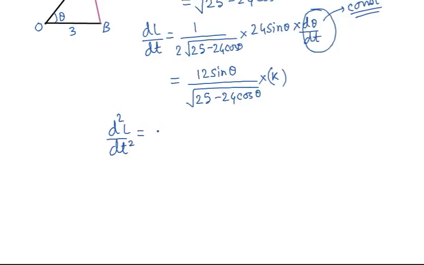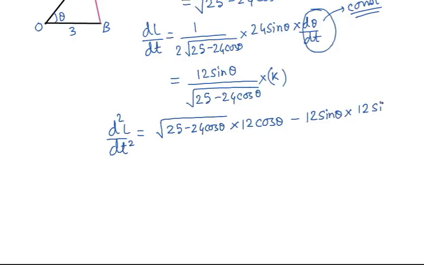So if you go for the double derivative using the u by v principle, if we do the calculations, we get root 25 minus 24 cos theta into 12 cos theta minus 12 sin theta into the derivative of the denominator, which, as we have seen in the last case, is 12 sin theta by root over 25 minus 24 cos theta.